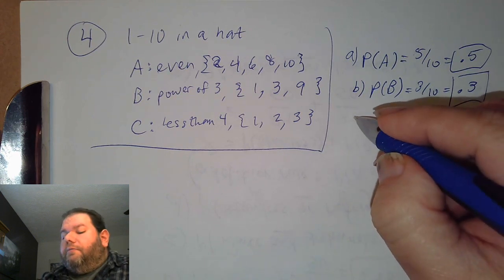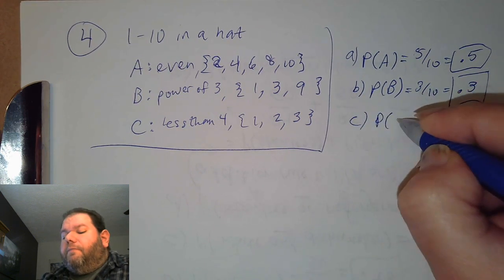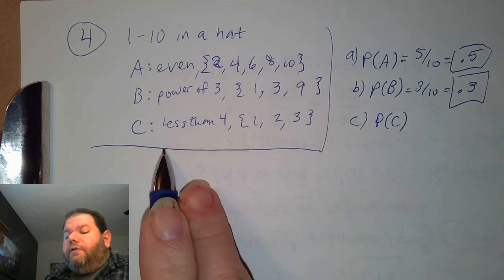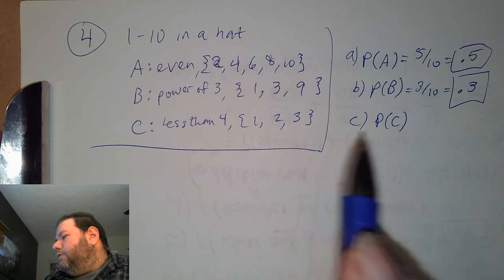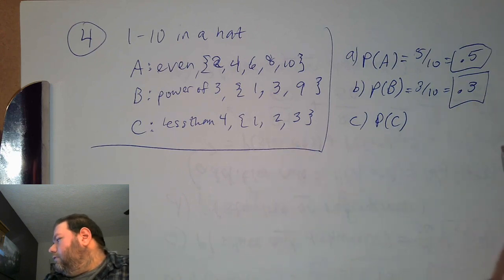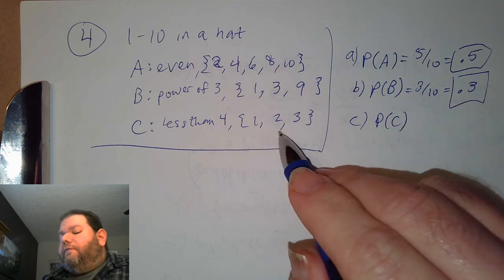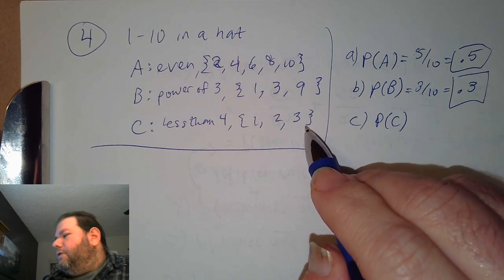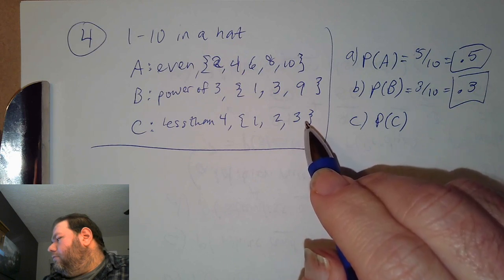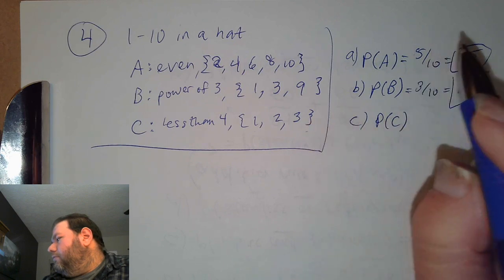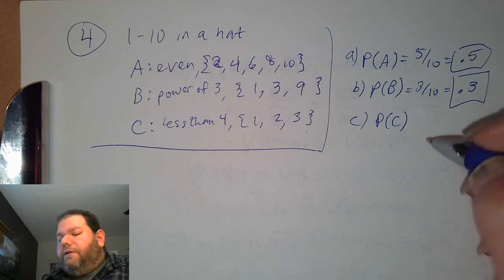And then the probability of option C, that a number we draw is less than 4. Is that 4 numbers? Three, yeah.